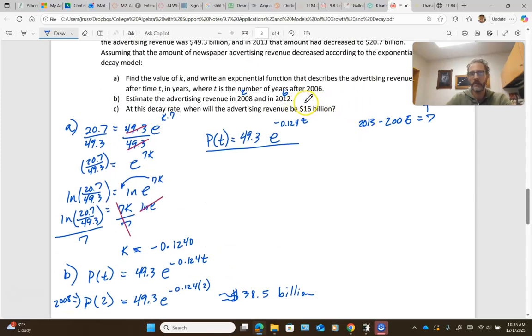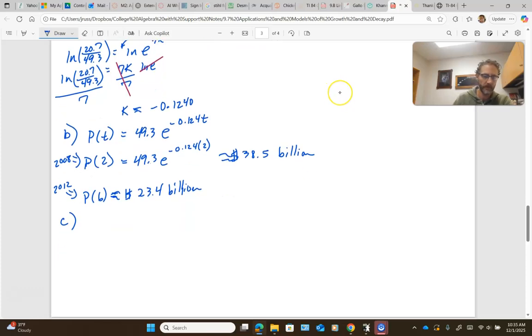Okay, 16 billion. So 16 billion is equal to our function. So again, we're going to get another exponential equation. And we're going to solve it for t this time. That'll tell us how long it takes the revenue to fall to 16 billion. Okay, from the year 2006. You have to keep that in mind.